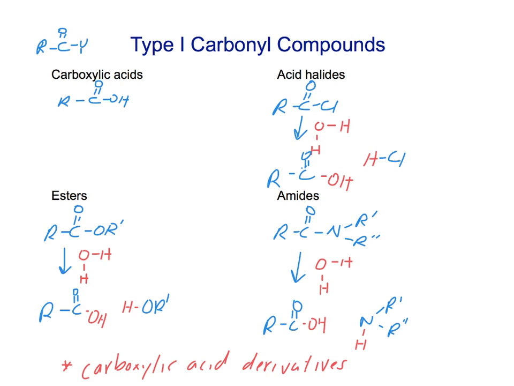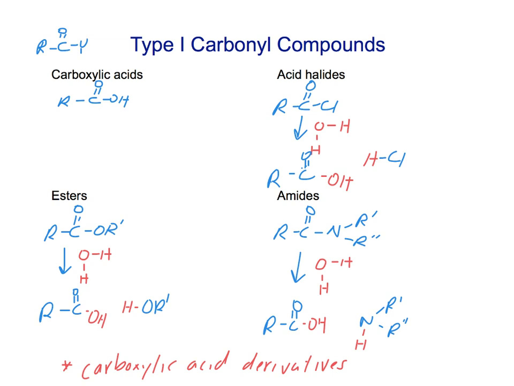Amide bonds, we're also lucky, don't get cleaved just in water because all of our proteins are built up with amide bonds, linking amino acids together, right? And if these bonds just cleaved in water, then all of our proteins, all our muscle, all our catalysts, everything would just fall apart in water, okay? So we'll learn that we usually have to have some type of more harsh conditions.